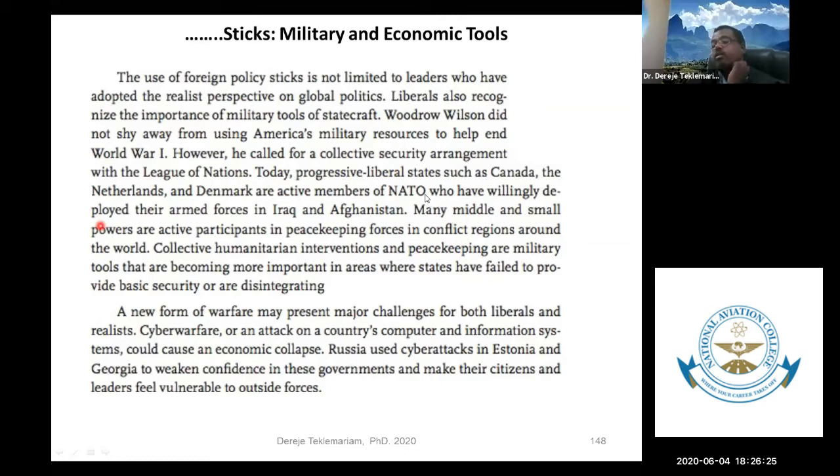And finally, the issue of cyber warfare really becomes a challenge. It's not only military warfare, but also cyber warfare. Russia even used frequent cyber attacks against Eastern European countries strongly supported by America, like Estonia and Georgia, to weaken this influence and their subjugation to other countries.